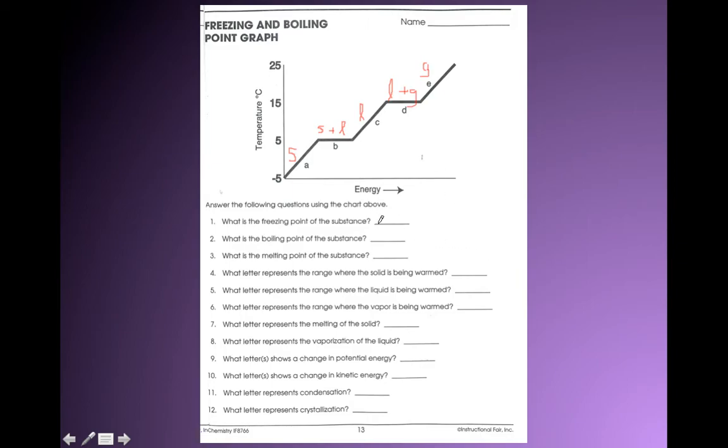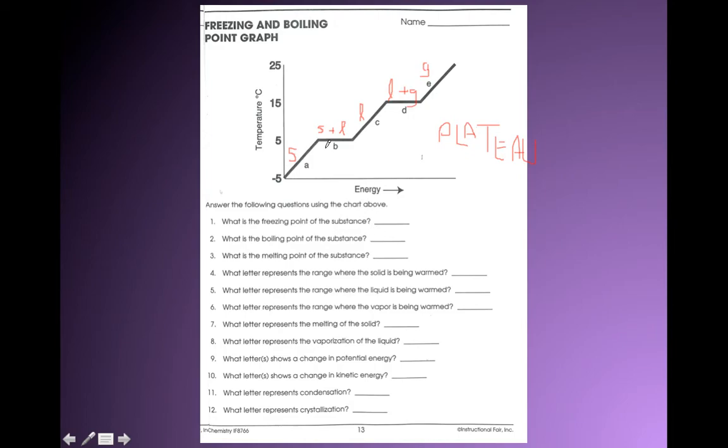So it says, what's the freezing point of the substance? So we look for what are called plateaus. We use this word in chemistry, plateaus are where it is flat. Boy, it's hard to write with this. That's supposed to be a U at the end.